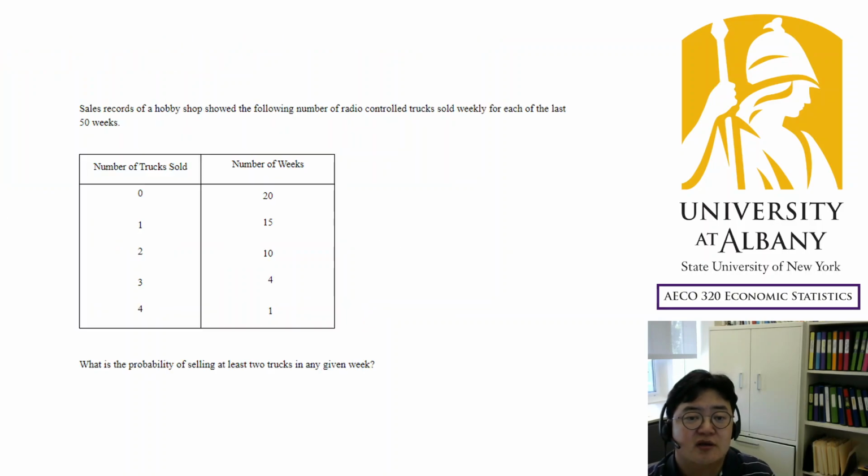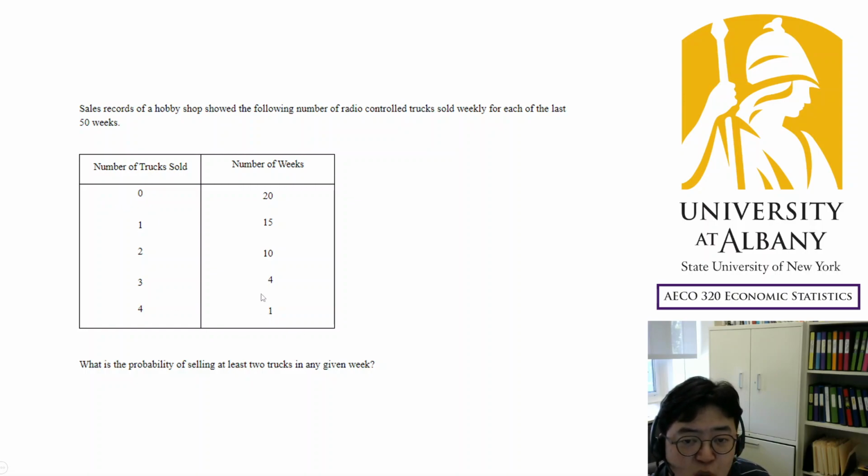Okay, next one. The question is about a hobby shop record, but actually the sentence doesn't mean a lot. Basically it records the number of toy trucks sold, per number of weeks. So in the past 50 weeks, 20 of them did not sell any toy trucks, any RC trucks, right?